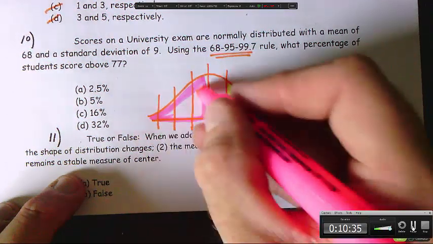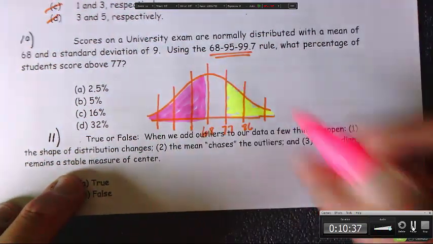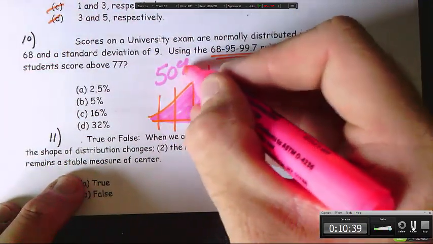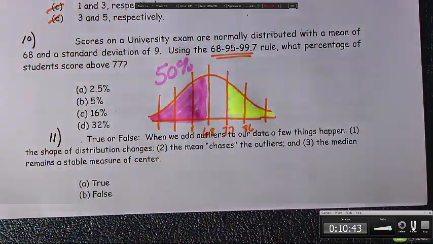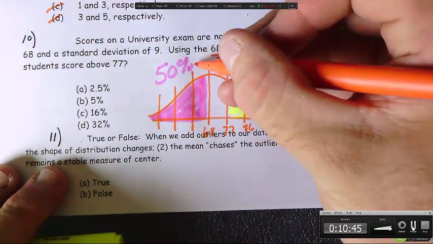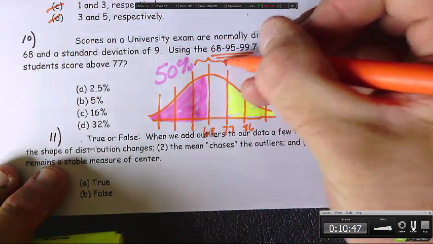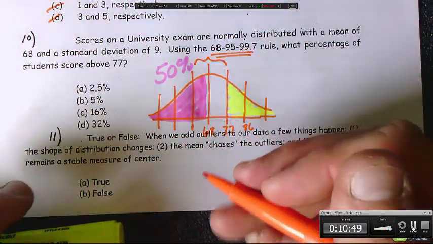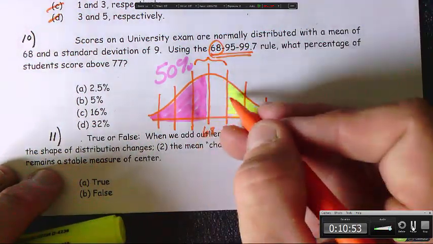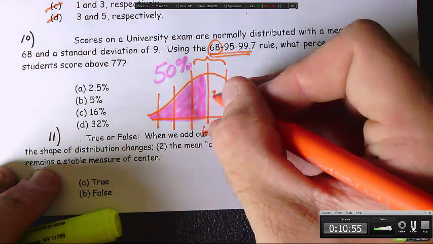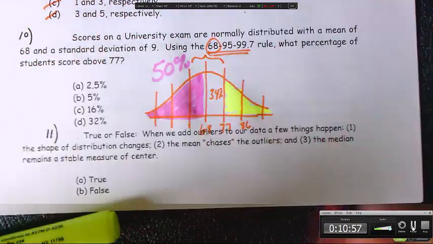The pink that I have shaded is how much of the curve? 50%. It's half of the curve. It's the bell-shaped curve. The empirical rule says between -1 and 1 is 68. That's divided into two chunks. So this chunk here represents 34%.